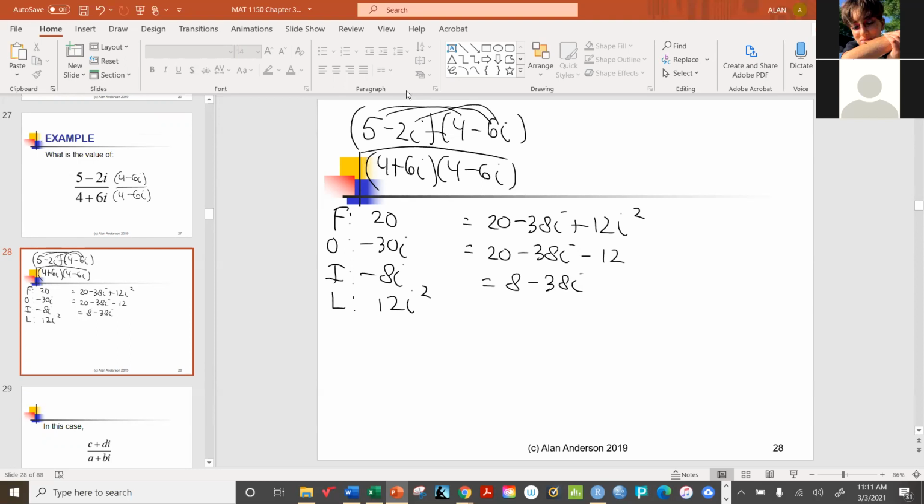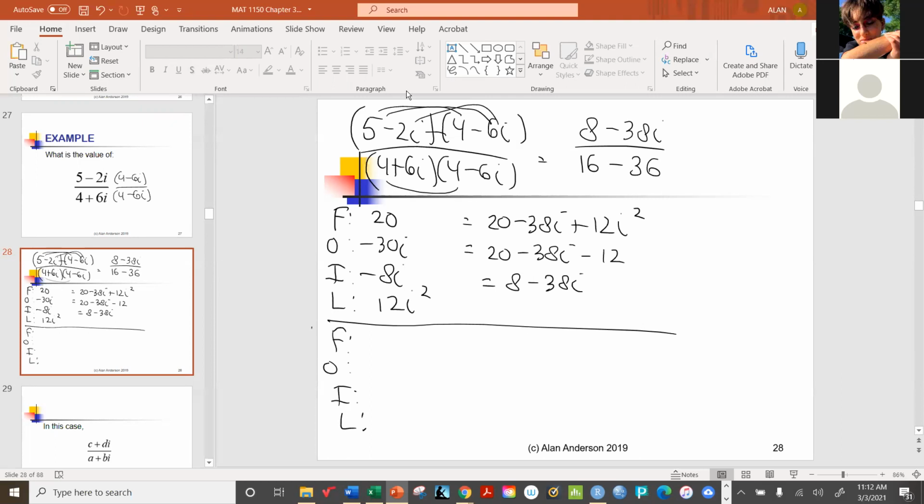Now in the denominator, because of the way this thing has been structured, we're guaranteed to get 4 squared minus 6i squared, which means 16 minus 36, which, by the way, let's prove that with FOIL. Hold on one second. Let's apply FOIL to the denominator.